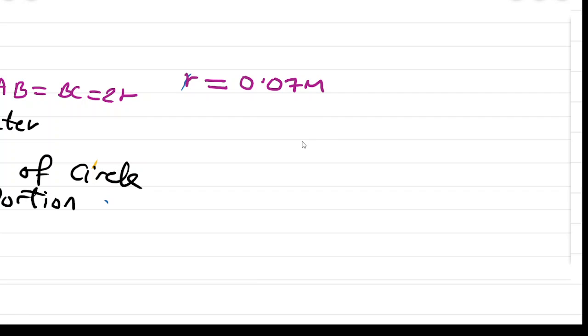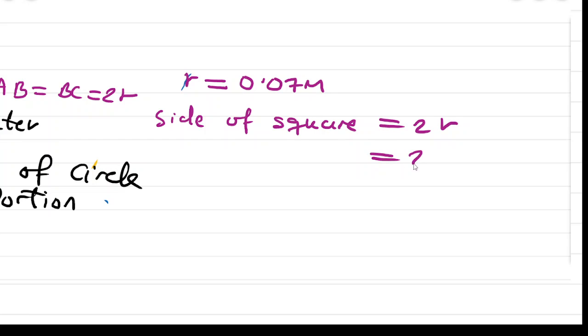But the side of the square is 2 times the radius, which is 2 times 0.07 meters. So that is 0.14 meters, I believe. But let's just leave it as 2 times 0.07 meters. Later we'll work on it.